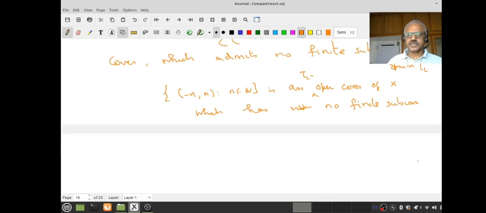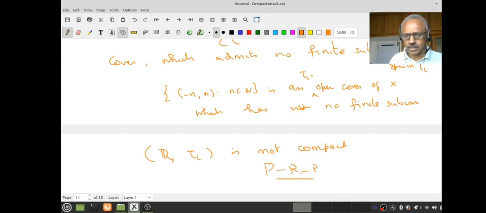Therefore, what is the conclusion? That is, R with tau L is not compact. Pause, review, go through the proof.